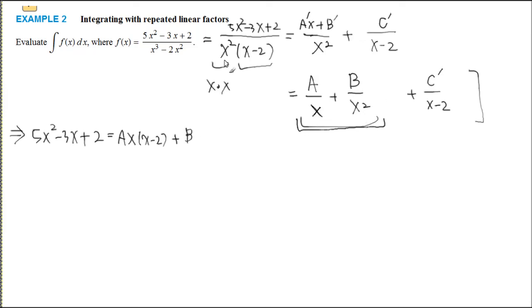You've got the full copy of x squared, so what is lacking here is x minus 2. So you've got to multiply by that x minus 2 to get the denominator of that one common as the whole thing. Make sense? How about c? Let me just use c, all right, not c prime. What should be multiplied to c?